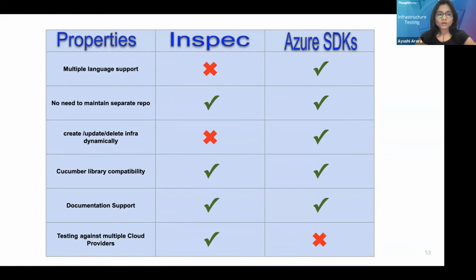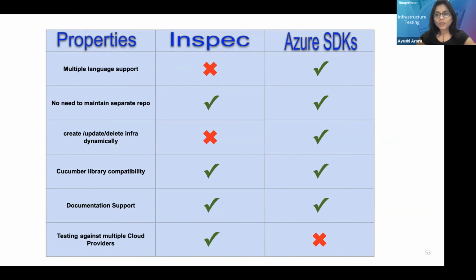No need to maintain a separate repo. This is a win-win situation for both Inspec as well as Azure. We don't need to maintain a separate repo for infra testing. We can include the infra testing code with our application code in the same repo. Then create, update, delete infra dynamically. As Mohit has already shown, using the Azure SDKs we can create the infra or even delete it.